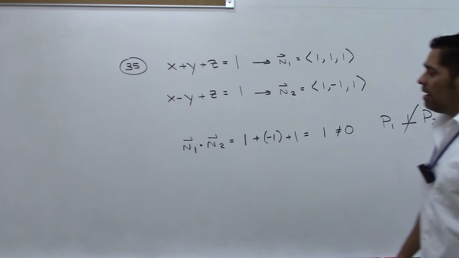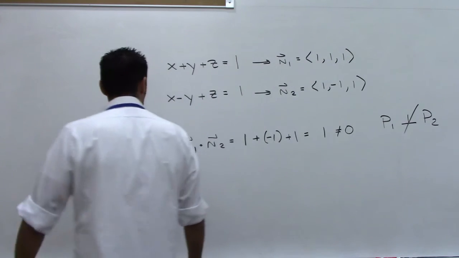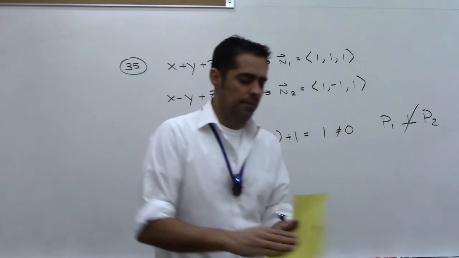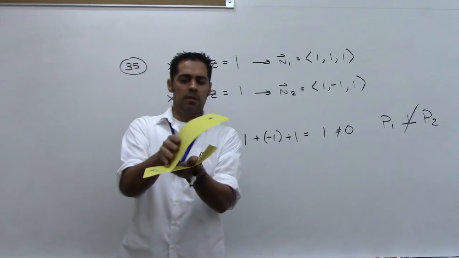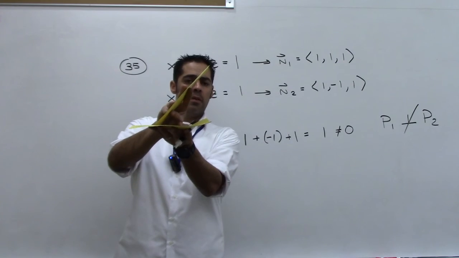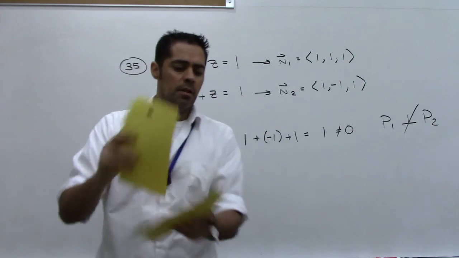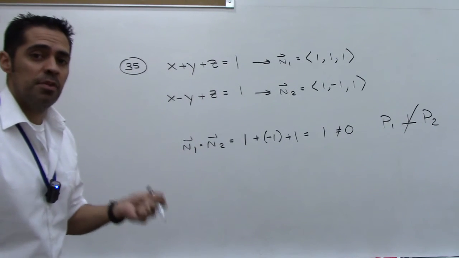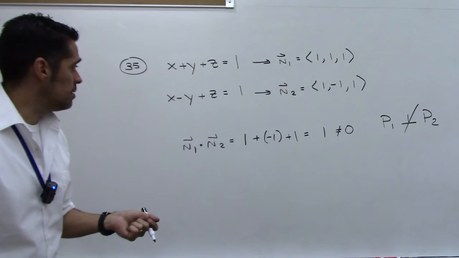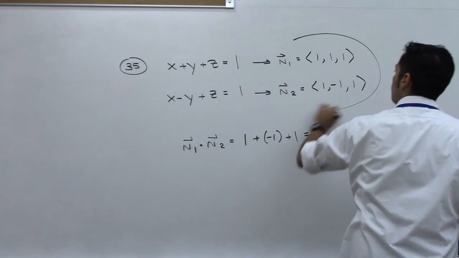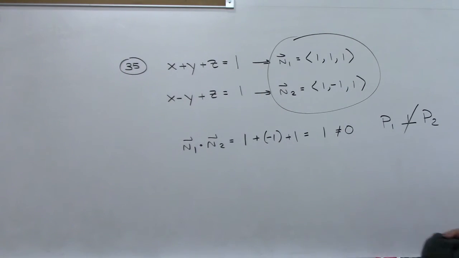So since they're not, it wants us to find the angle between them. So we've got these two planes that are hitting each other, but there's an angle between them, and we want to know what that angle is. The angle between the two planes is equivalent to the angle between the two normal vectors of the planes. So what I need to do is find the angle between those two vectors.